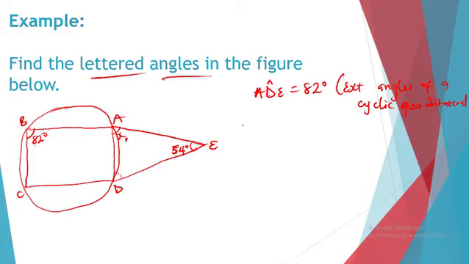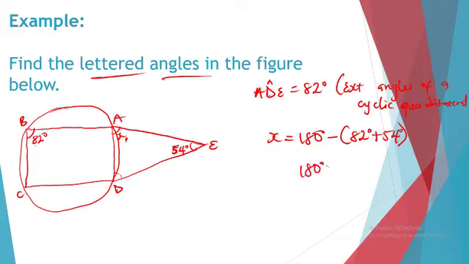Okay? So, from that now, we have that X is equal to 180, since the total angle in this triangle, remember this is a triangle, triangle ADE, is equal to 180. Is that correct? So the value of X is now 180 minus 82 plus 54.